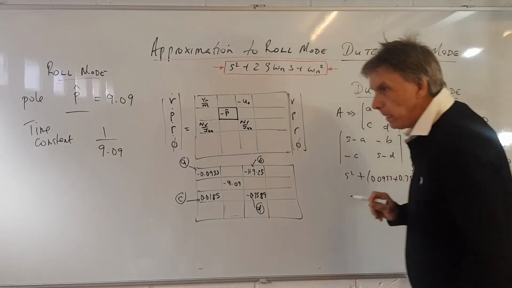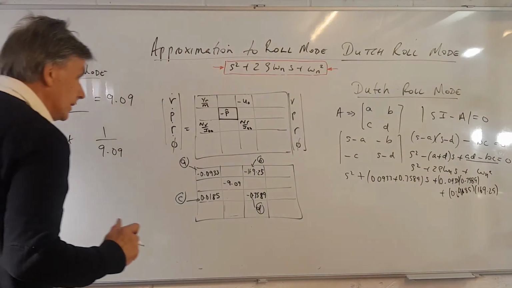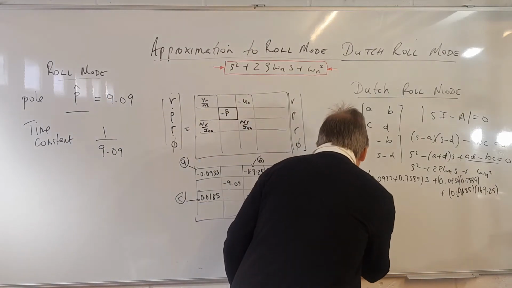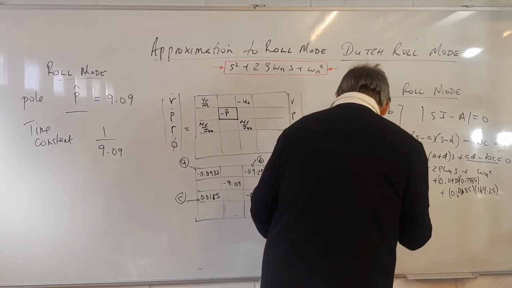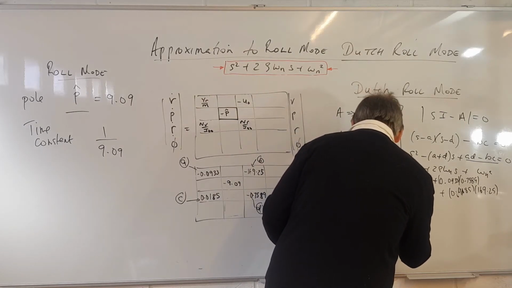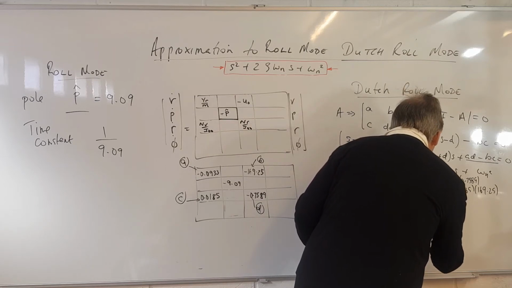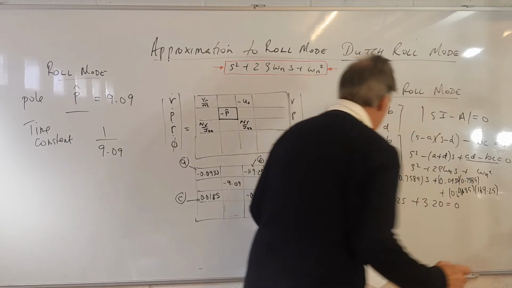So that's our parameters, and if we work those out, it comes down to s squared plus 0.842s plus 3.2 equals 0.